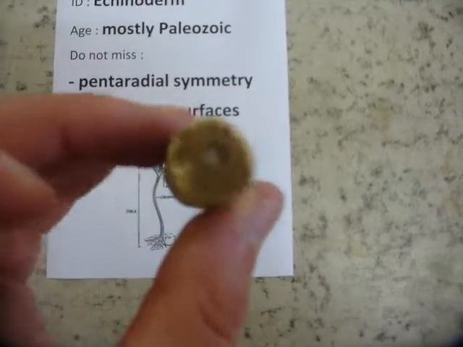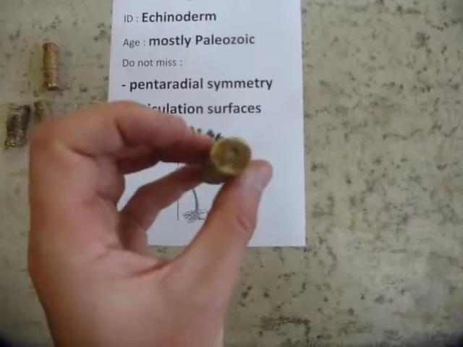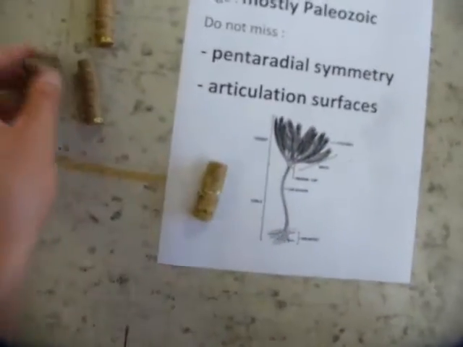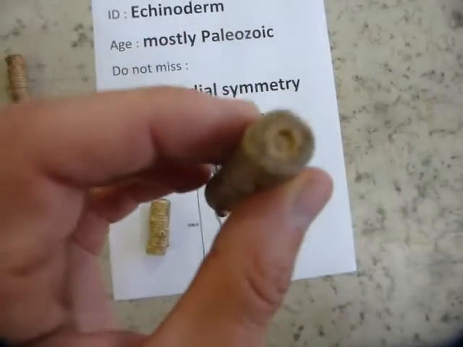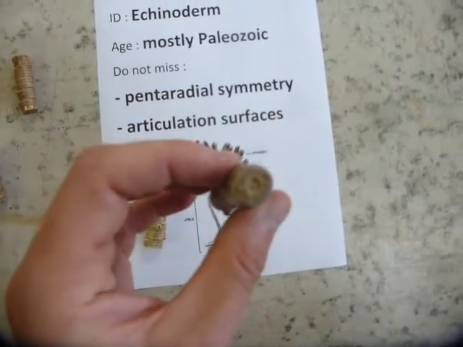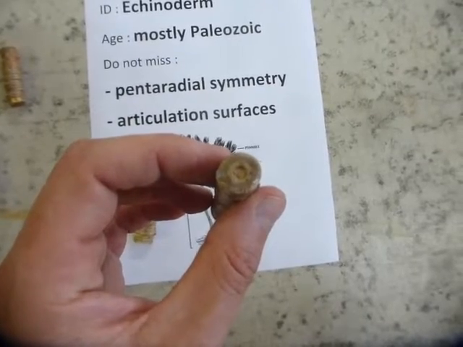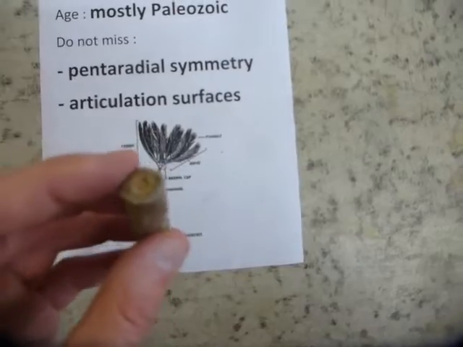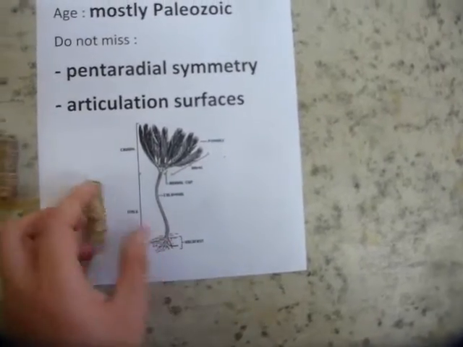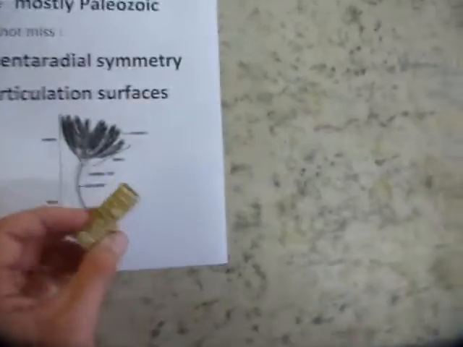So these little ribs, let's focus on the ribs. Let's find a more conspicuous one. Yeah, here you can see them. These tiny ribs, if you were to count them, you would find a multiple of 5, like 50 ribs, or maybe 100 ribs, or maybe 200 ribs, but it would be a multiple of 5.